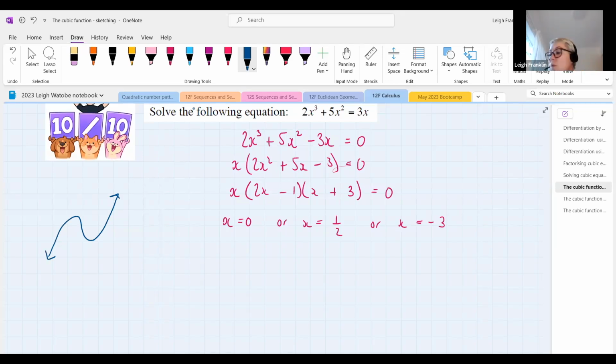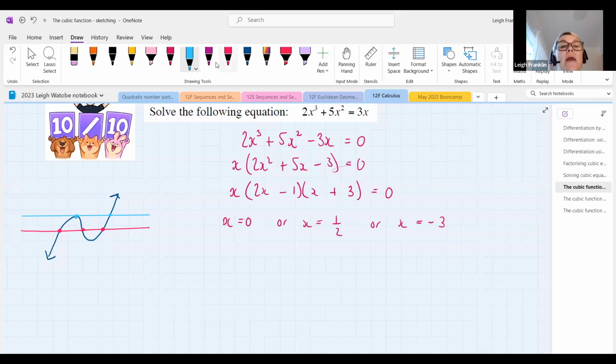Depending where the x-axis is, if your x-axis is here, where the pink line is, then you would have 3 distinct different x-intercepts. Or you could have your x-axis here, for example. Then you would have 2 solutions.